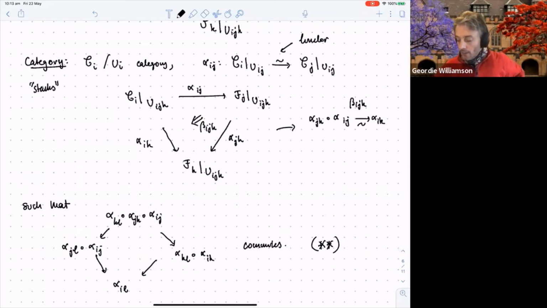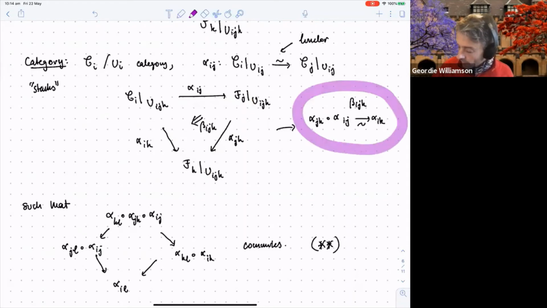For a triple intersection, we would like this composition of functors to be isomorphic to this composition. So we would like a morphism of functors. And so now we get these β_ijk, which compare the α_ijk. So we get this over here.